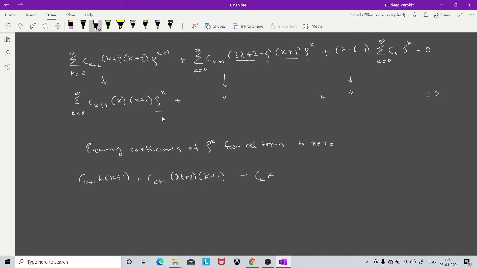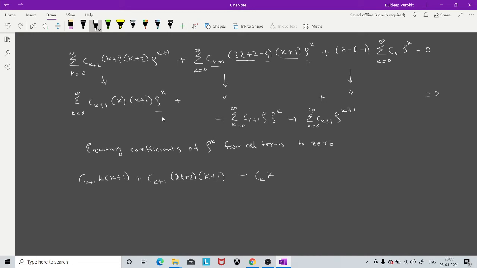But when this thing will be there, there will be an extra term: the sum from k equal to 0 to infinity of c of k plus 1 into rho, with a negative sign outside, into rho to the power k. So this term has the sum from k equal to 0 to infinity of c of k plus 1 rho to the power k plus 1.